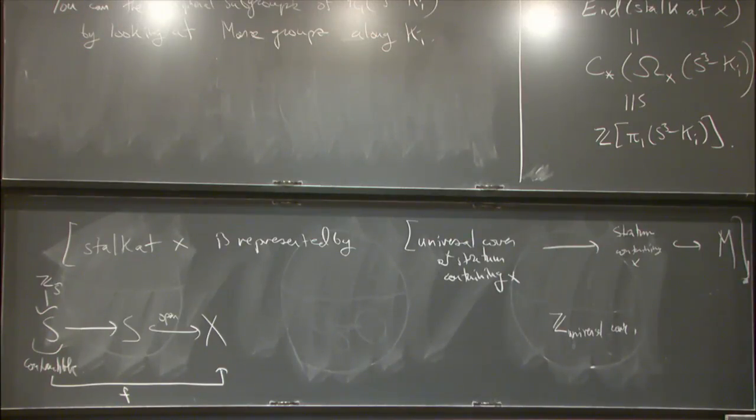So you have two objects that generate that. One of them is something transverse to the 3-sphere, and one of them is something transverse to the conormal of the knot.